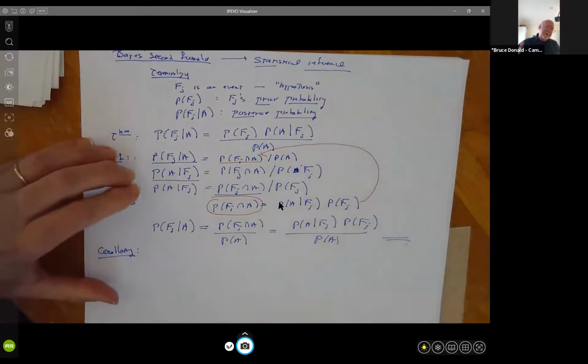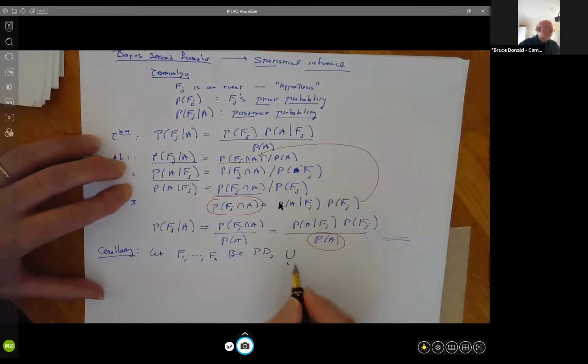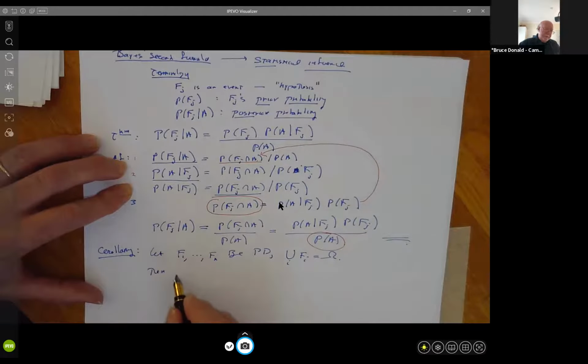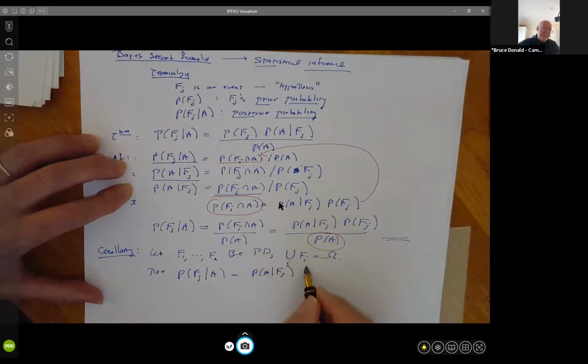So the corollary is: let F1 up to Fn be pairwise disjoint, and let us assume that the union of all the Fi equals the entire outcome space, just like we already have. Then the probability of Fj given A is equal to the same numerator, the probability of A given Fj times the probability of Fj.